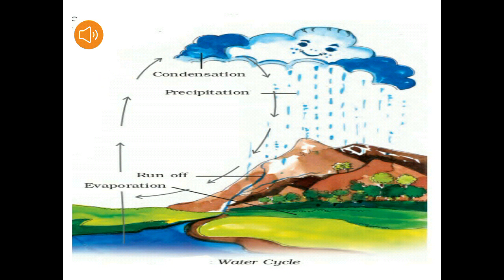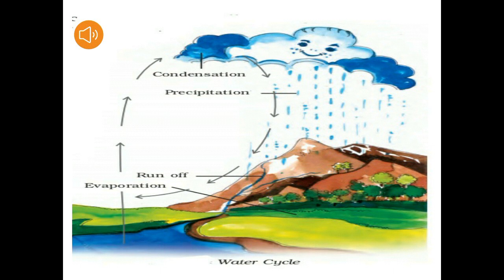This process is called evaporation. When this water vapor goes up in the sky, it changes into tiny droplets. These tiny droplets form clouds. This process is known as condensation.